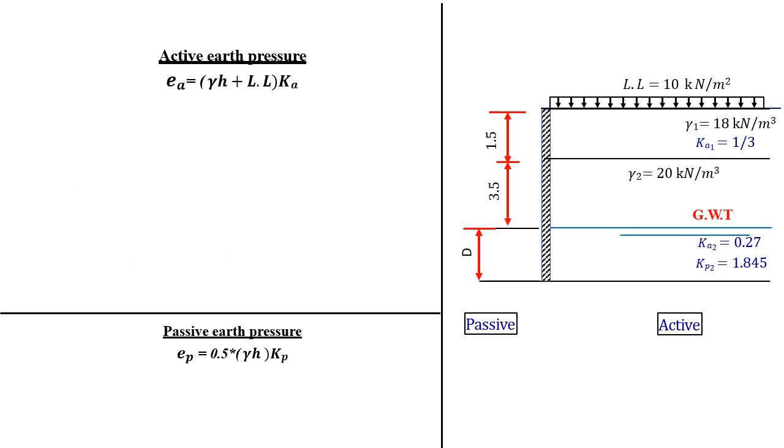Let's now get our active earth pressures and our passive earth pressures. So as I told you in the tutorial of earth pressures using Rankine theory, the locations where you have to get your earth pressure should be as following.